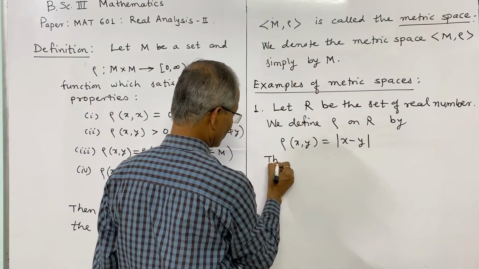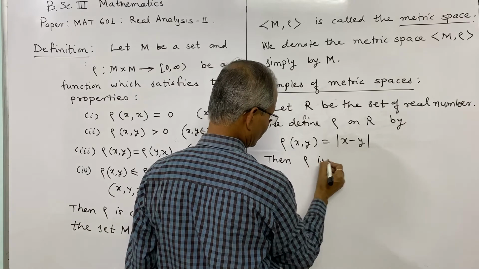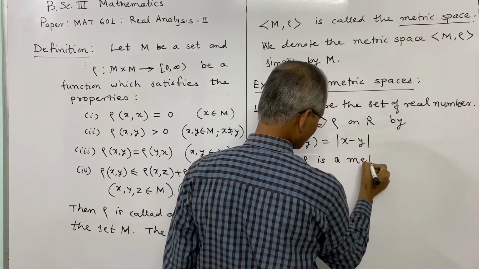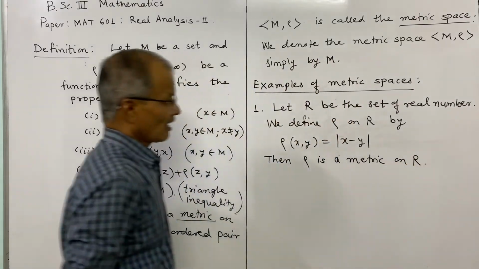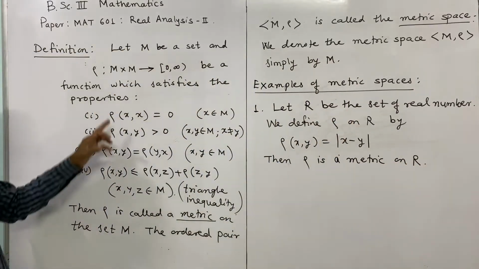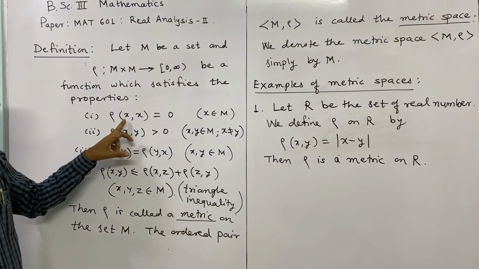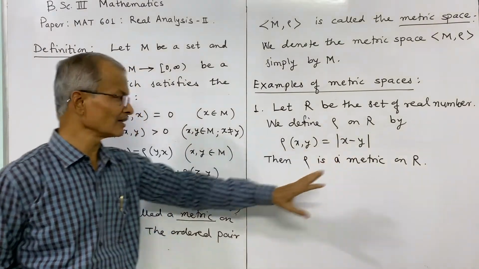Then rho is a metric on R. How? It is easy to verify these properties. First, rho of x and x is the absolute value of x minus x, that is 0.